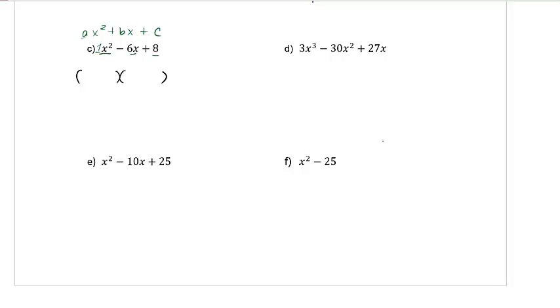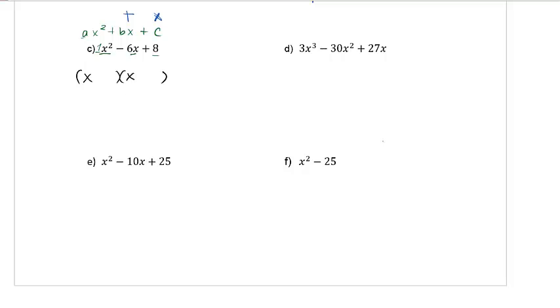So we must have one polynomial times another polynomial, where the form of the answer is going to be like x plus or minus some number here and x plus or minus some number there. We want to find those numbers, so you maybe remember that we want to find numbers that will multiply together to give me the c term and add together to give me the b term, or the middle term.